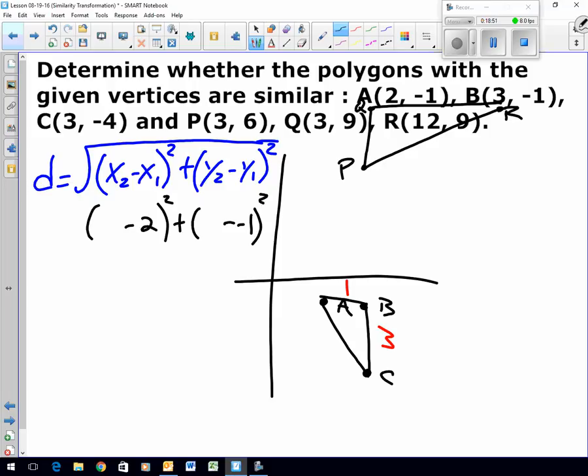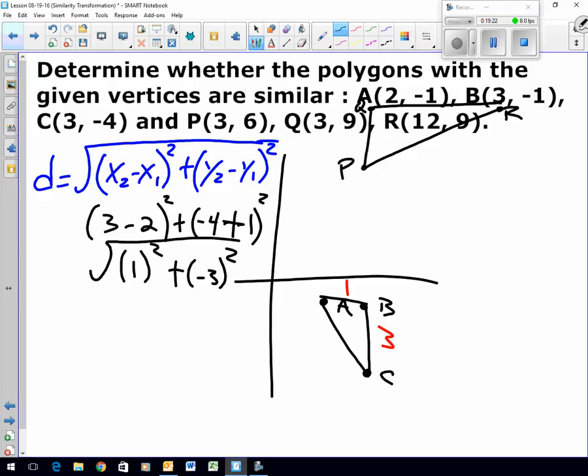My A coordinates are at (2, -1). So I put the 2 here because it's the x, and I put the -1 here because it's the y. My C coordinates, we're calling it x2. All right. 3 minus 2 is 1. -4 minus -1, that's -4 plus 1, -3.